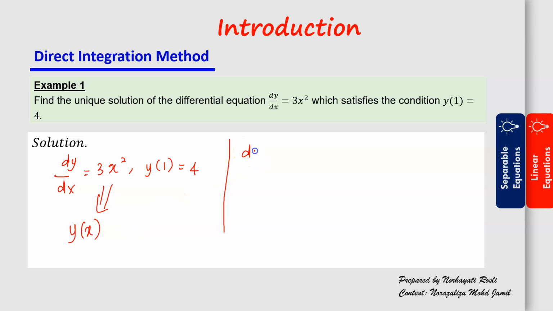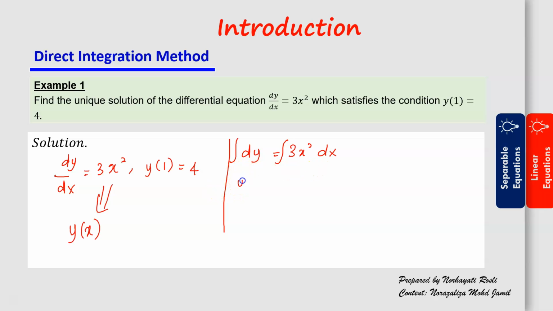In this case, I can write dy equal to 3x squared dx. And then to solve this and get y as a function of x, I need to integrate both sides.